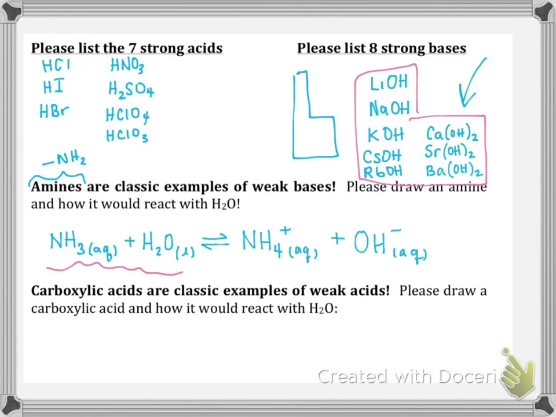Next up, we have our carboxylic acids, and the way you recognize these is if you see the COOH on molecules. And one of our go-to's is acetic acid, just CH3COOH.